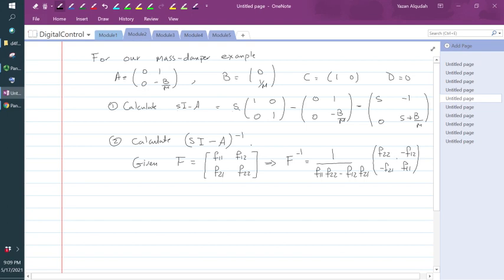Minus minus, these two terms stay and these two are swapped.